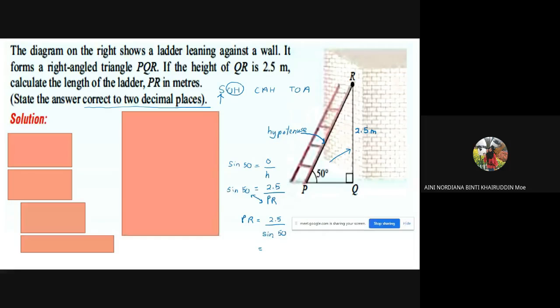What is the answer for this? Boleh tulis dekat chat juga, the answer.